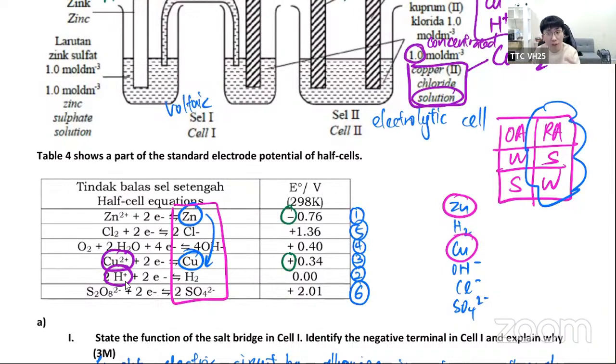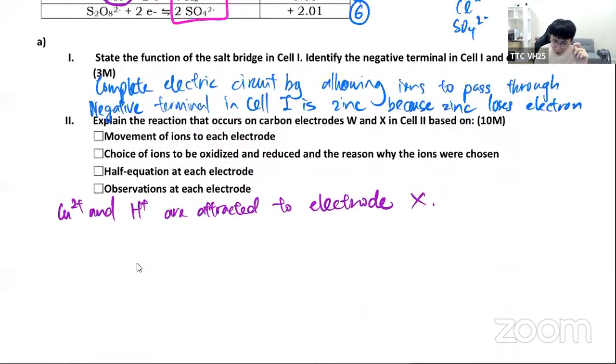This one is the wrong arrangement, because H is supposed to be higher and Cu2+ lower. So according to our table, I choose the strong oxidizing agent, which is Cu2+. That's why Cu2+ is selected to discharge.